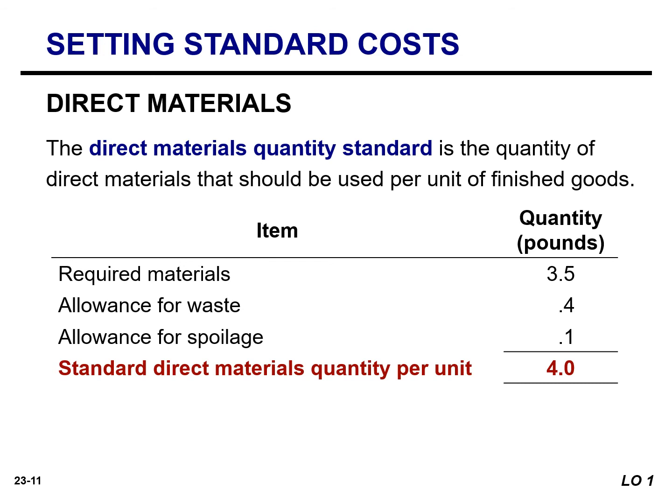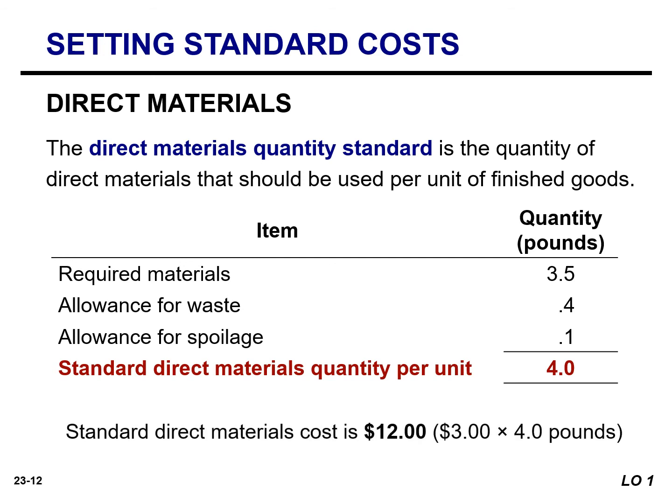The standard includes allowances for unavoidable waste and normal spoilage. The standard direct materials cost per unit is the standard direct materials price of $3 multiplied by the standard direct materials quantity. The standard direct materials cost per gallon is $12.